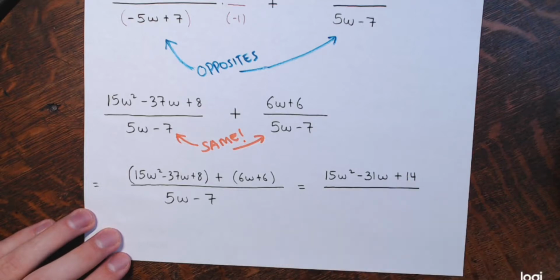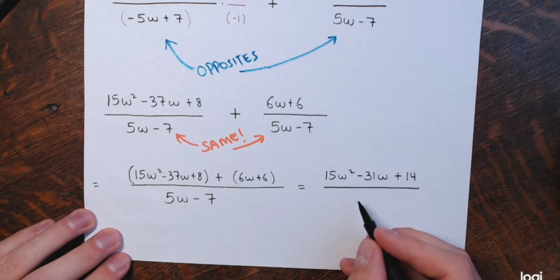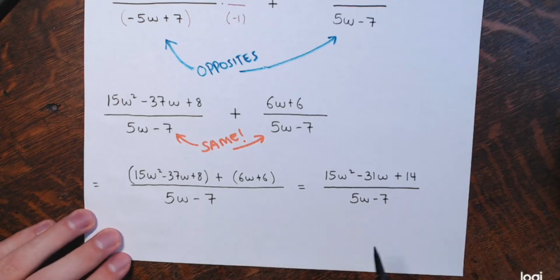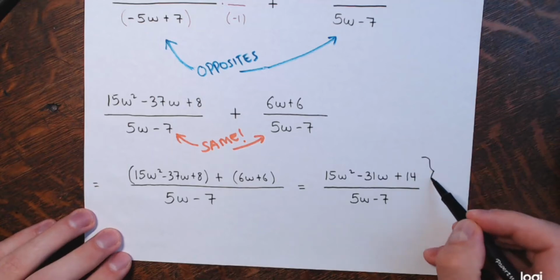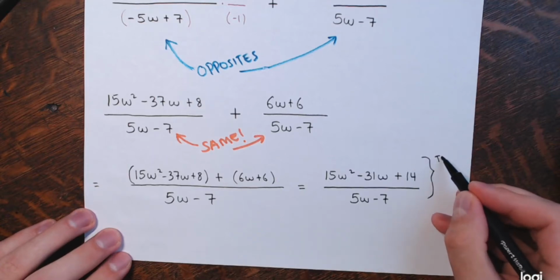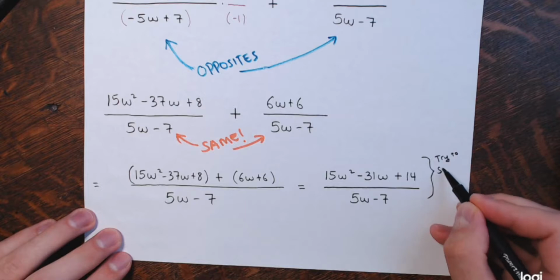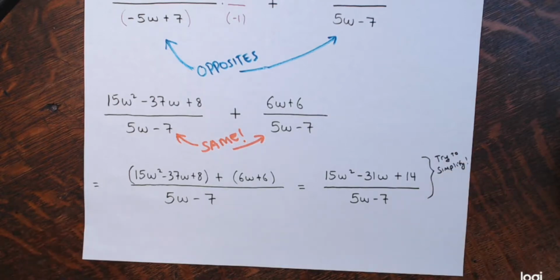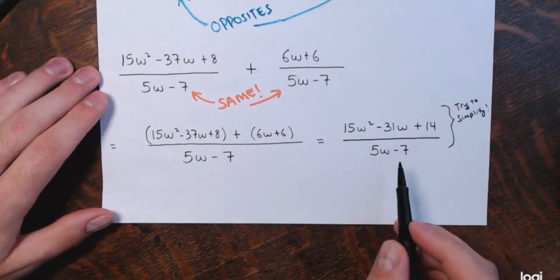So there's the numerator, and the denominator is 5w minus 7. And now we try to simplify this if we can. You saw in the first question that that fraction couldn't be simplified, but this one I believe can be.